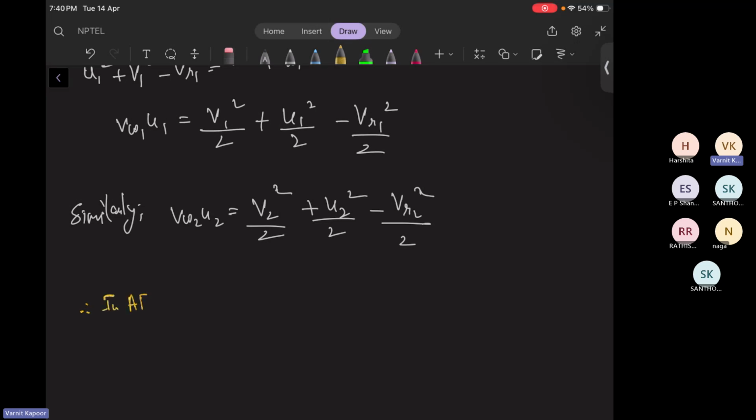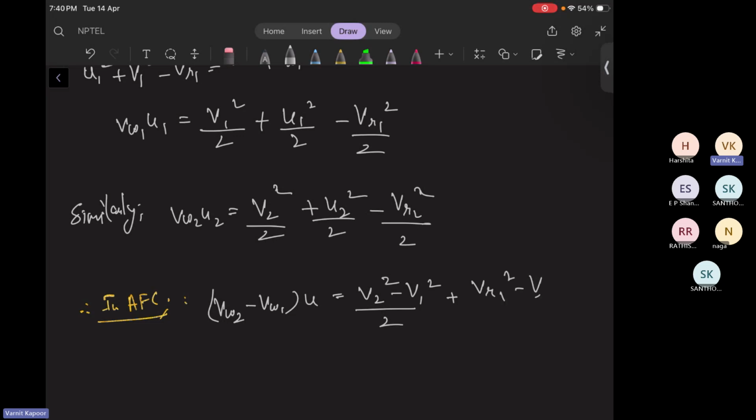in AFC, that is your axial flow compressor, VW2 minus VW1, because U1 and U2 are same, so I can write it as U. It will be V2 square minus V1 square by 2 plus U2 square minus U1 square by 2, that gets cancelled out because U1 and U2 are same, and VR1 square minus VR2 square by 2.